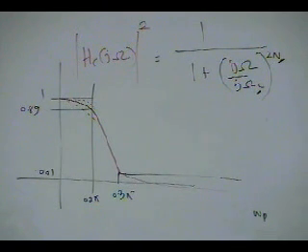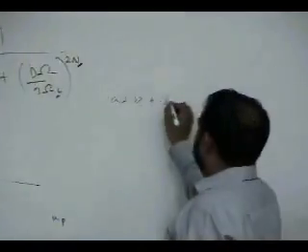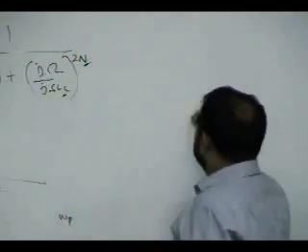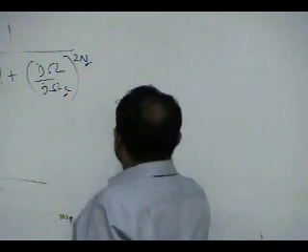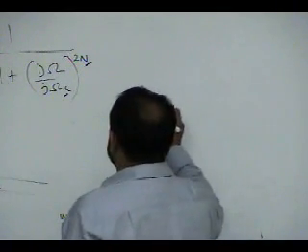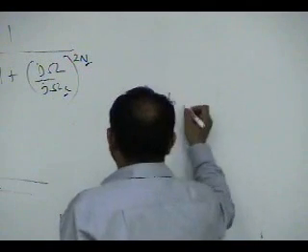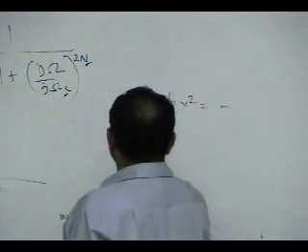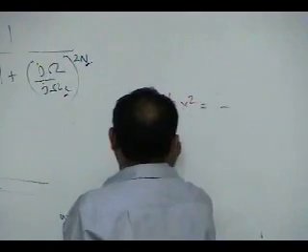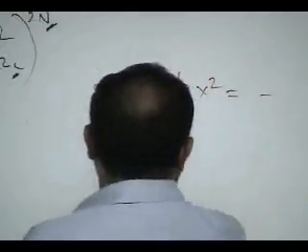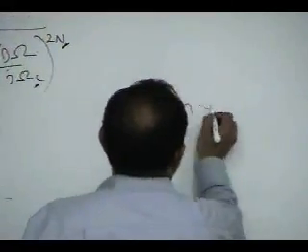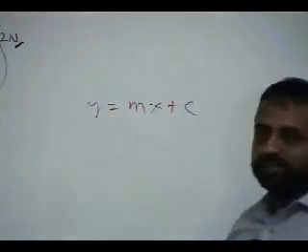For example, if I have an equation with 2 unknowns, like y is equal to mx plus c, this equation has 2 unknowns.